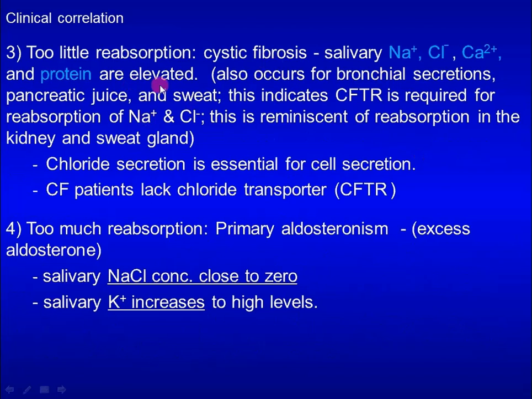This condition is caused by mutation in CFTR. The opposite condition is primary aldosteronism with excess aldosterone. As a result, the concentration of sodium chloride is close to zero and potassium levels in saliva are elevated.